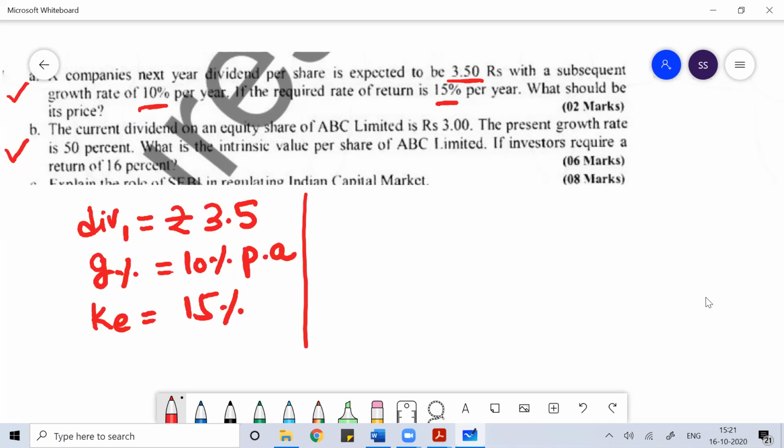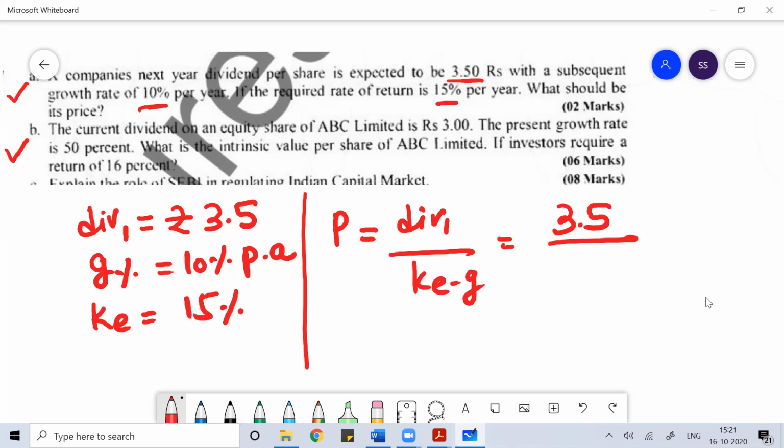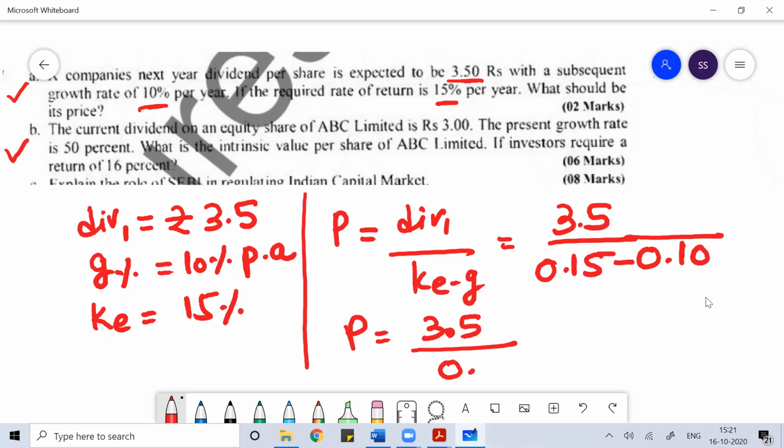So what should be the price? The price is equal to Div1 divided by Ke minus g. Div1 is 3.5 divided by Ke, 15%, minus growth rate, 10%. The price of share is 3.5 divided by 0.05. So 3.5 divided by 0.05 means 350 divided by 5, which is 70 rupees.